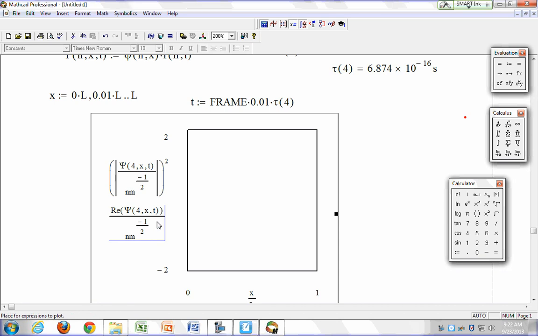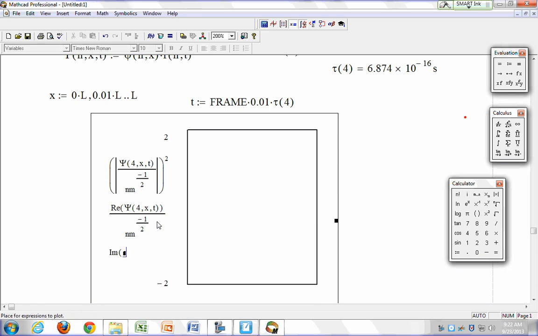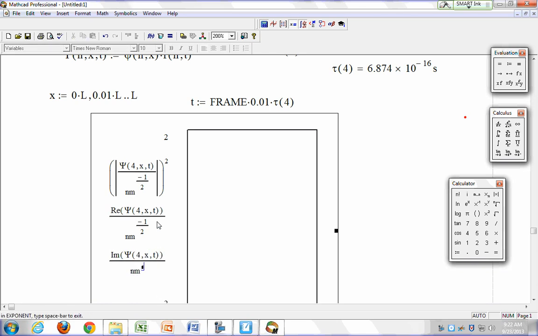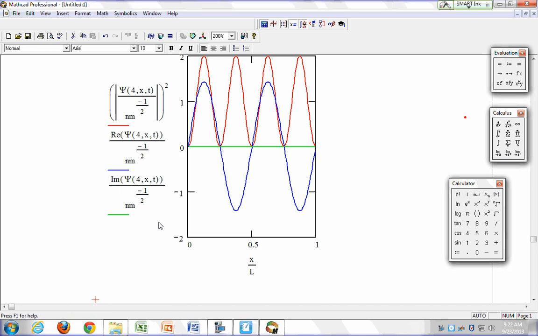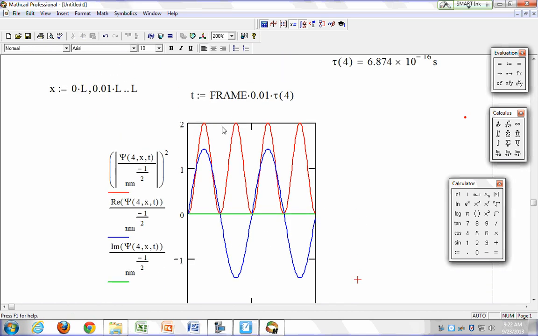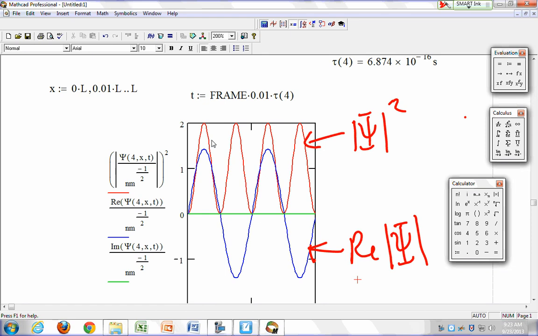And I'm going to plot the imaginary part of psi for x, t. And my unit is nanometer to the negative 1/2. And there it is. Notice the red curve is psi squared, right? And the blue curve is the real part of psi. And the green curve is the imaginary part of psi.